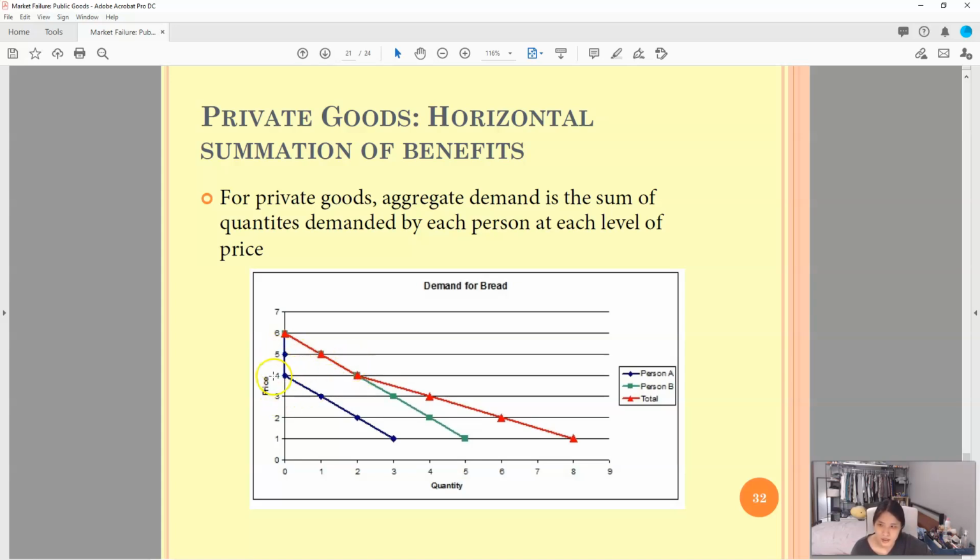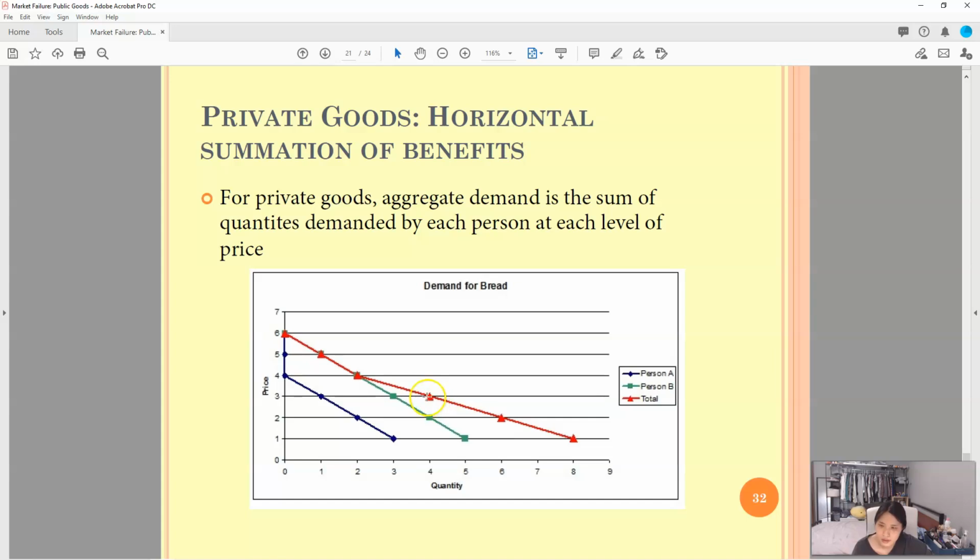So we can say when the price is above 4 but below 6, the aggregate demand curve is only person B's demand curve, right? But when the price is above 0 but below 4, we can say A demands 1 unit of bread and B demands 3 units of bread.